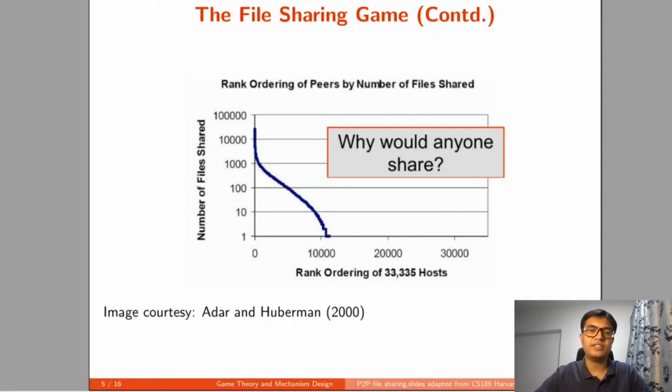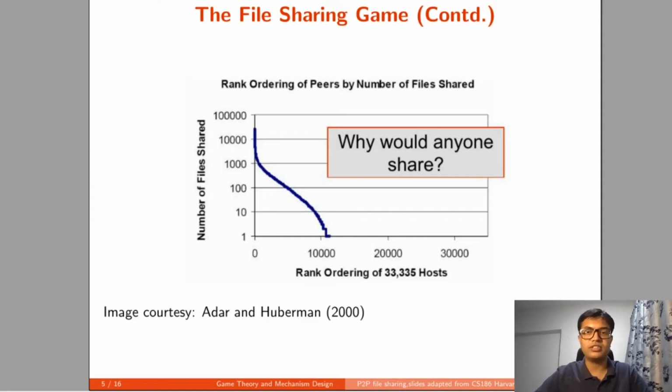And you can see that only a very few hosts are actually sharing a huge number of files. That might be perhaps because they do not pay for those upload bandwidths, or maybe for some other reasons, their own altruism. But these numbers are much less than the number of total hosts who are using this.